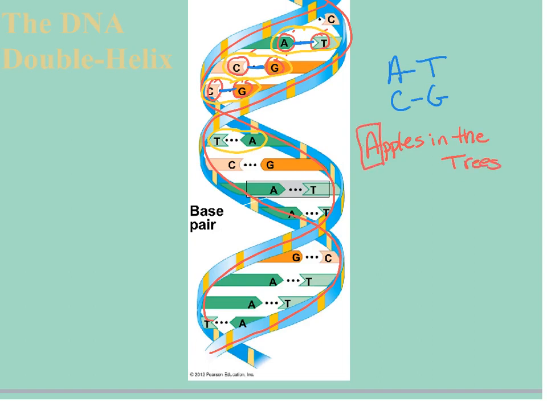So A always binds with T, and cars in the garage, where C always binds with G. Make sure you watch that video. Make sure you do the worksheet. The narrator there does a really good job of visually showing you in a little animation the structure of DNA.